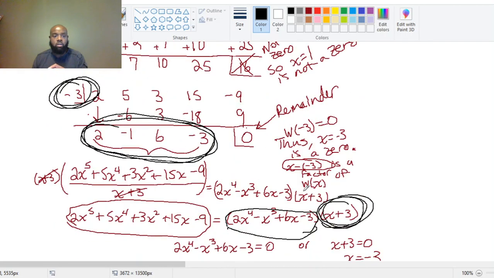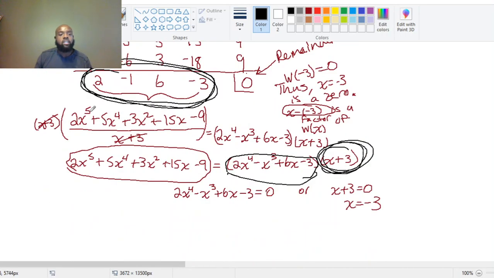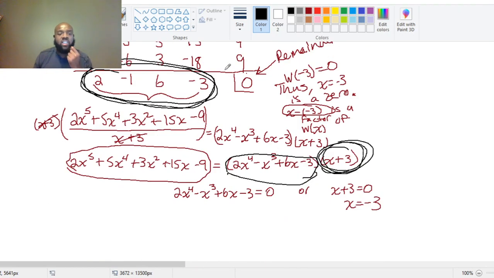I did something wrong, right? This was to the 4th power. So these exponents here, I am so sorry. You notice I made it work right. These are to the 4th power. That's to the 3rd. That's to the 2nd. That's to the 1st, right?